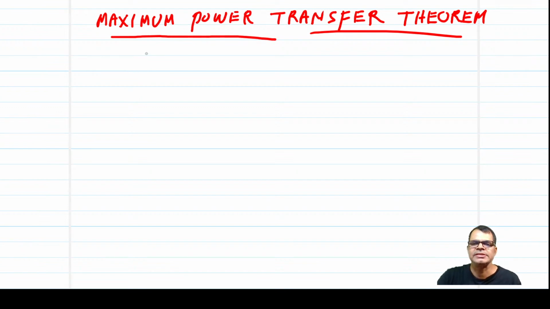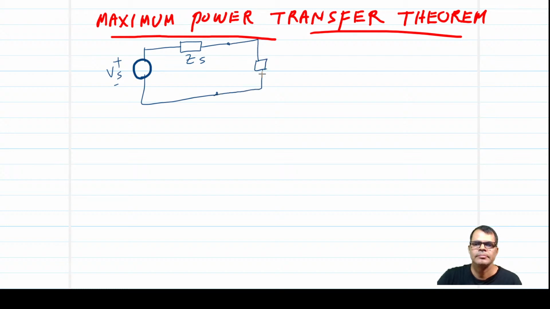Let us consider the AC circuits, with source Vs and a source impedance Zs, and the load impedance Zl, where Zs is equal to Rs plus j Xs, and Zl is equal to RL plus j XL.